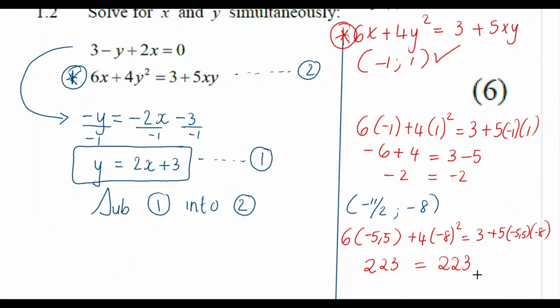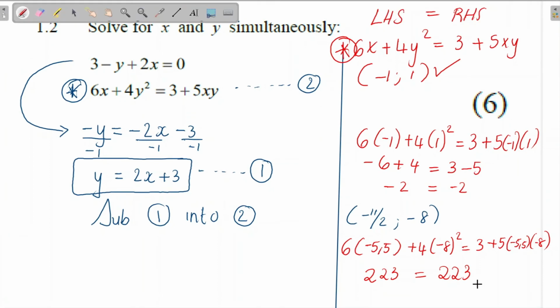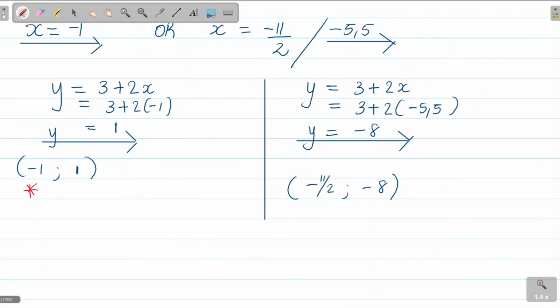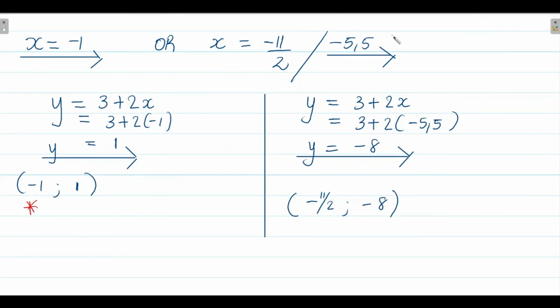So guys, this tells us that we have solved these two equations simultaneously for x and y, to get that x is equal to -1 and y is equal to 1, and when x is equal to -5.5 or -11/2, y is equal to -8.